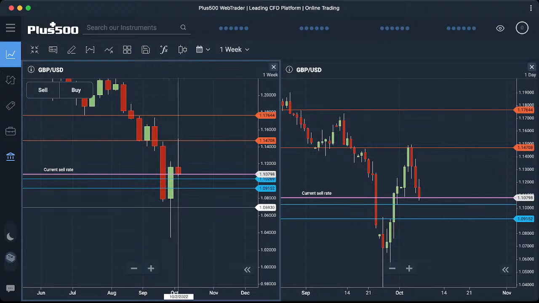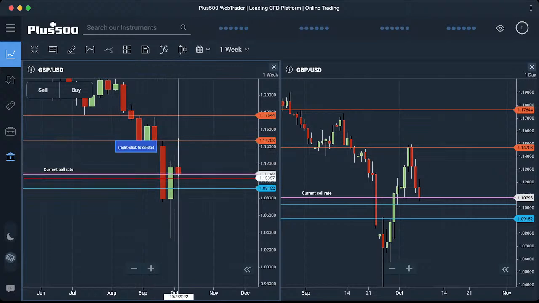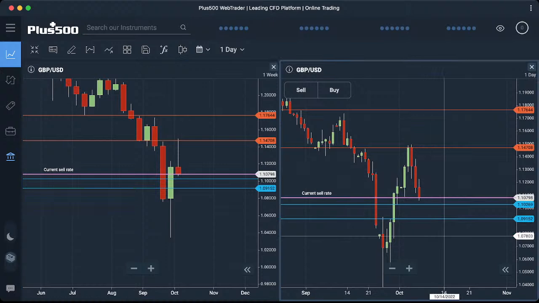And this long wick, for those of you who know about rejection blocks, I can see as a form of rejection block, as price pushed to the upside and took this last bearish high, and in the weekly chart we can see some kind of swing low form in the market. So I'm expecting price to go to the upside after coming to this daily fair value gap at the 1.10 level.